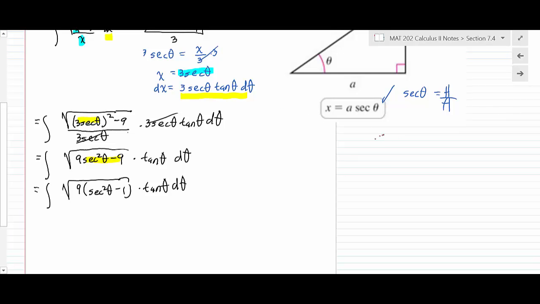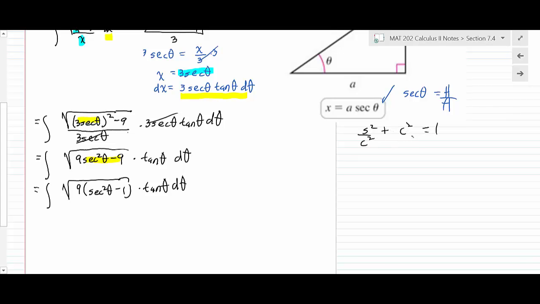We have the identity that goes secant squared theta plus 1 is equal to tangent, or no, I always do that backwards. I always have to derive this in my head. I don't know why I never can remember this identity. So that goes, sine squared plus cosine squared equals 1.